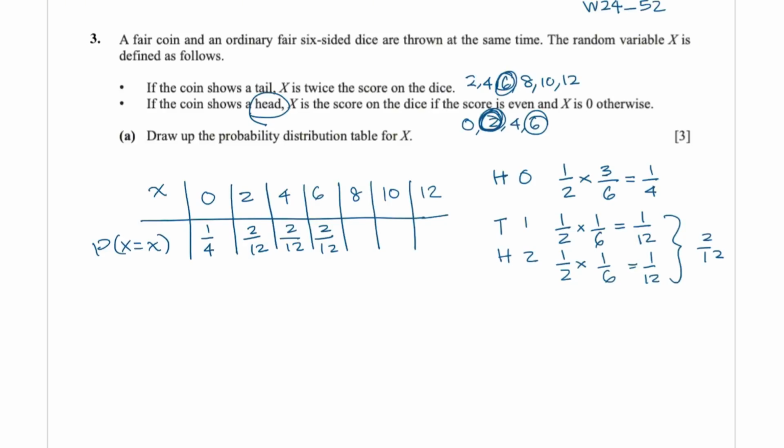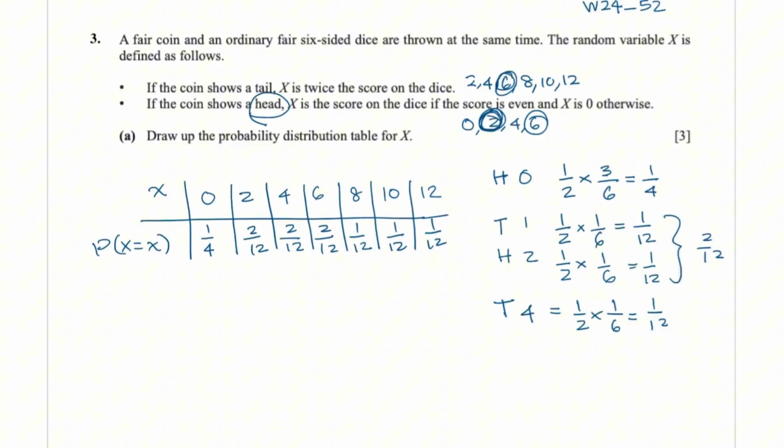It is only happening when you have a tail and getting number 4. That is basically 1 per 2 times 1 per 6, equal to 1 per 12. Okay, I'll write here 1 per 12. What about getting 10 and 12? It's the same situation as getting number 8. Can you think about it?